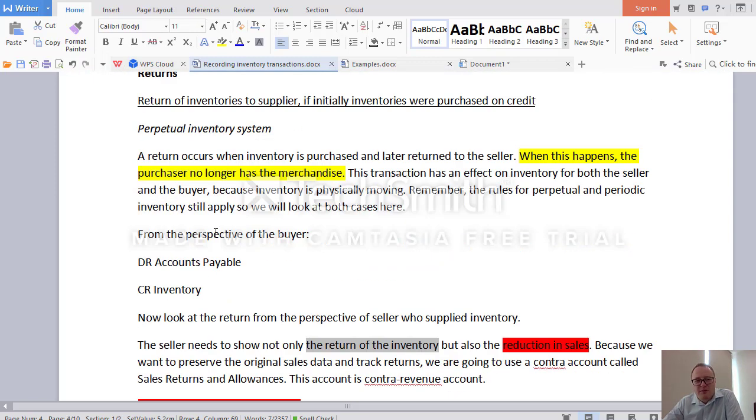From the perspective of the buyer: credit inventory and debit accounts payable. Why? Because the buyer no longer has inventory, so he will reduce his inventory account, and at the same time he does not have to pay for it because he returned it, so his liability is reduced as well. Therefore, debit accounts payable is a reduction of liability.